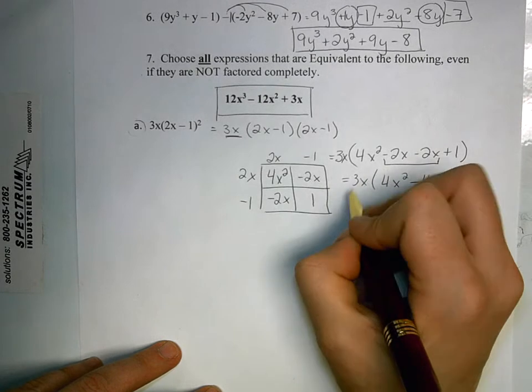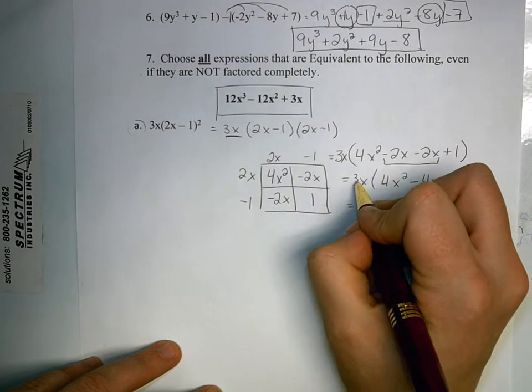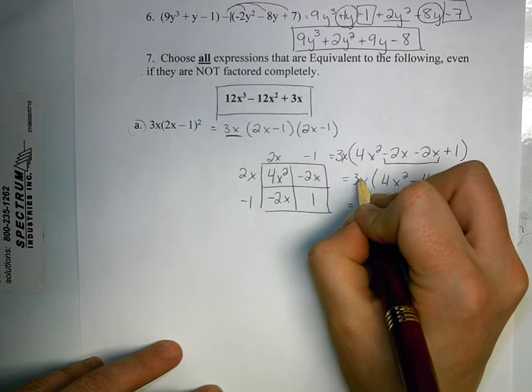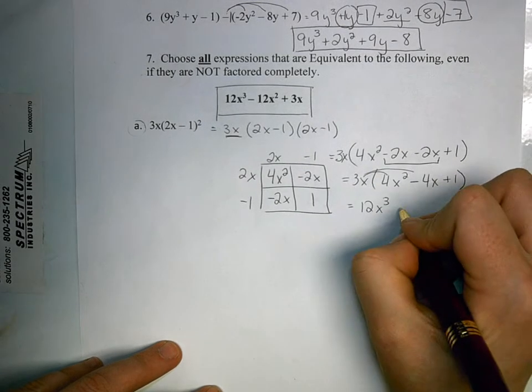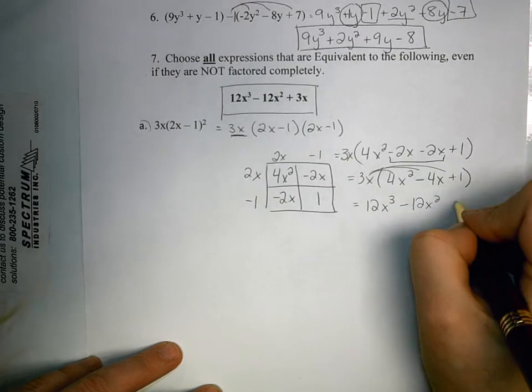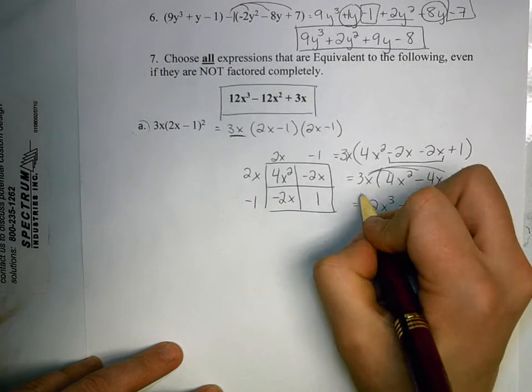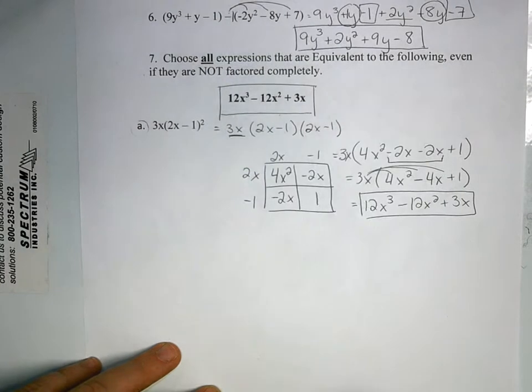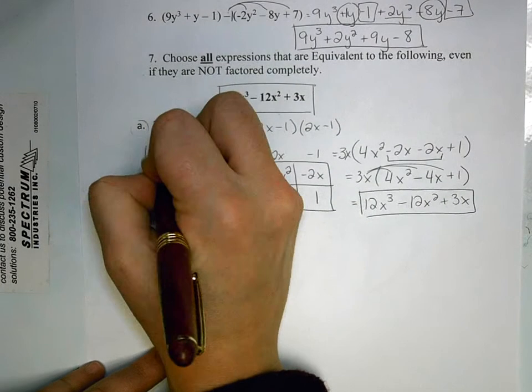Now I can distribute that 3x through and get 12x cubed minus 12x squared plus 3x. And that is equivalent to my expression above. So the answer to part A is yes.